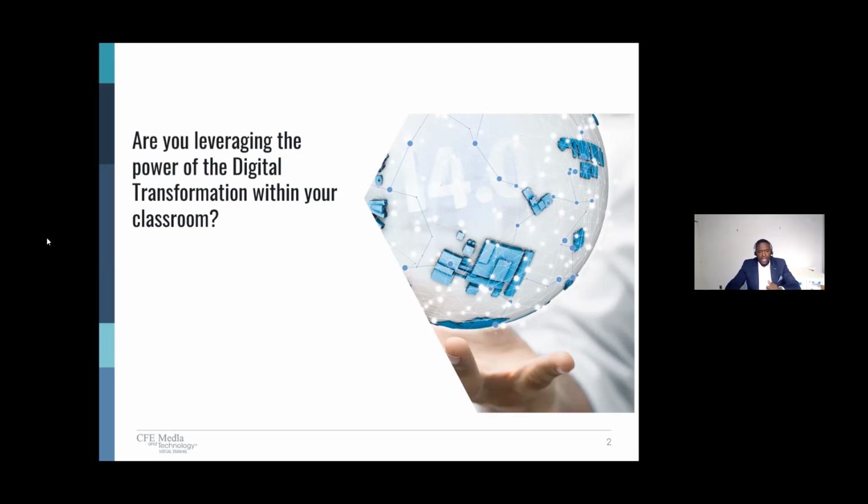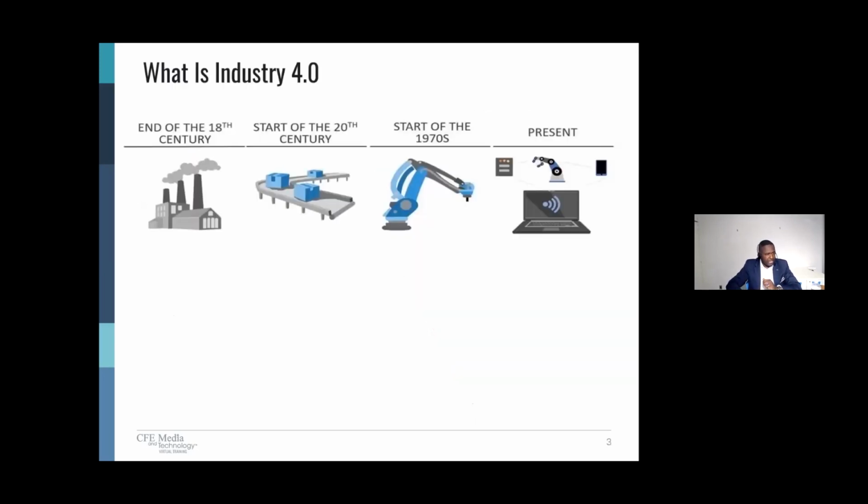So let's go ahead and start to talk about Industry 4.0 and the impact, or what is it that it actually brings. When we think about Industry 4.0, it brings with it an increase in dominance and reliance on technology to produce far-reaching efficiencies across a wide variety of sectors. The revolution of Industry 4.0 was giving manufacturers faster, more flexible, and more efficient processes to produce higher quality goods at lower costs.